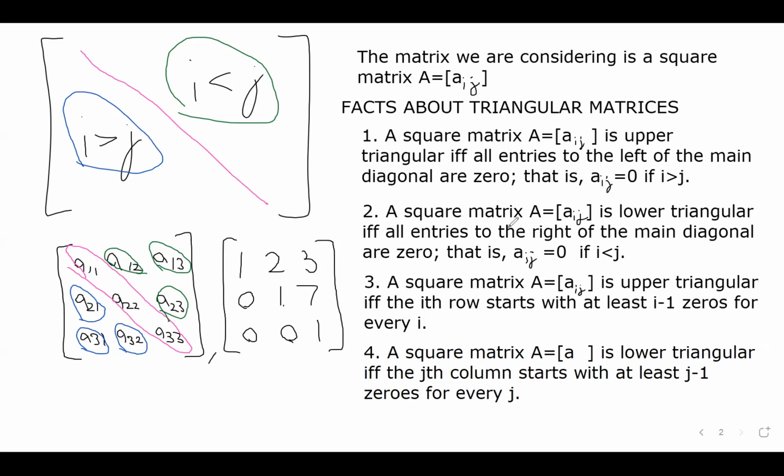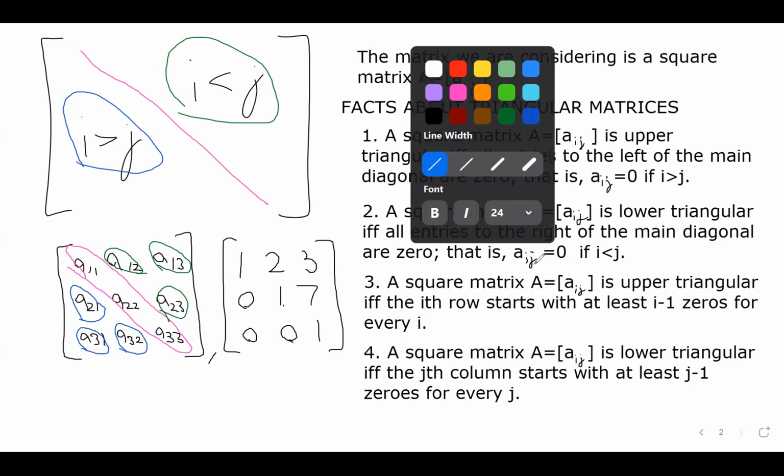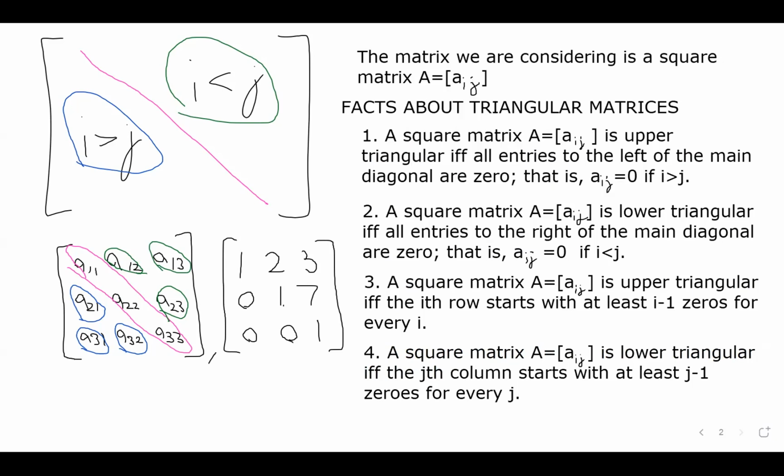So a square matrix A equals a sub ij is lower triangular if and only if the jth column starts with at least j minus 1 zeros for every j.